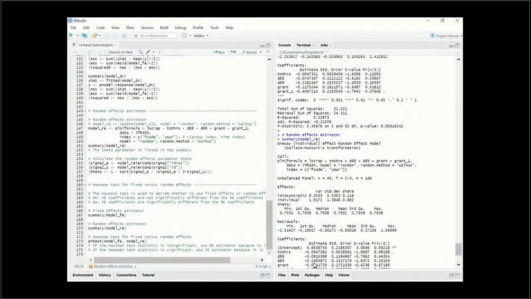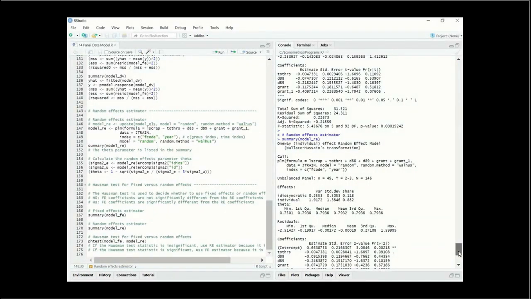And so my question is, is this coefficient here similar to this coefficient here? Is this coefficient here similar to this coefficient here? This is basically what we are comparing. Are the coefficients similar to each other? And so the Hausman test statistic basically compares how close these are to each other.